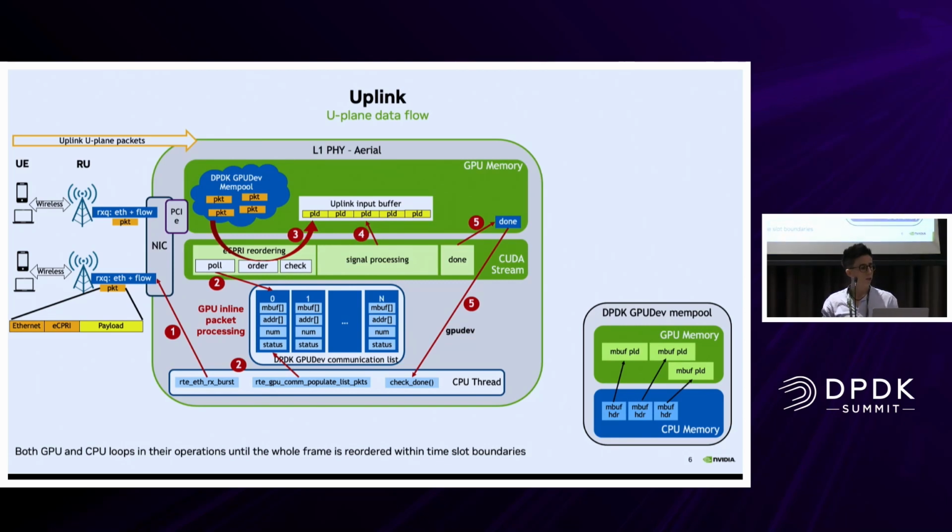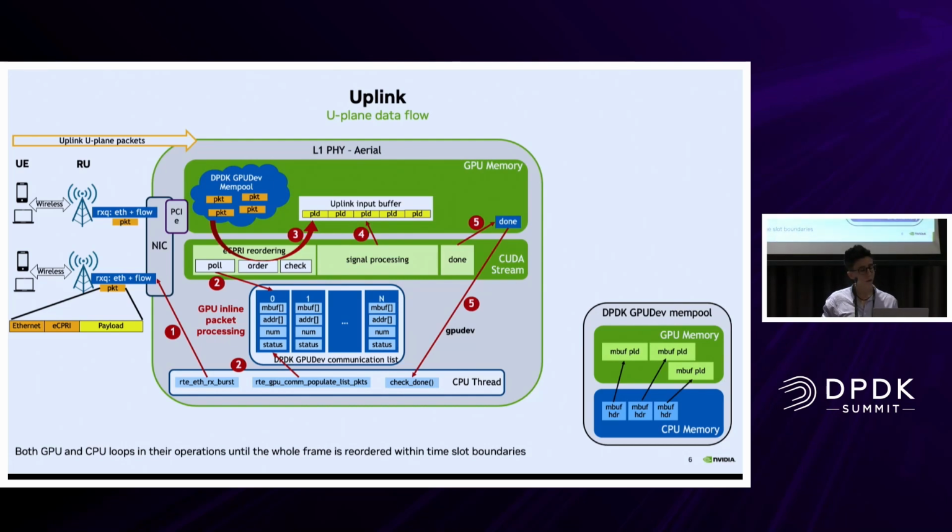So the steps are, number one, the CPU thread invokes the DPDK receive function to receive packets from the queues. And the packets, as I said, are flowing directly into the GPU memory. Once the CPU thread receives a subset of the overall packets of this time slot, it has to notify the GPU that a new bunch of packets is ready in GPU memory and ready to be processed.